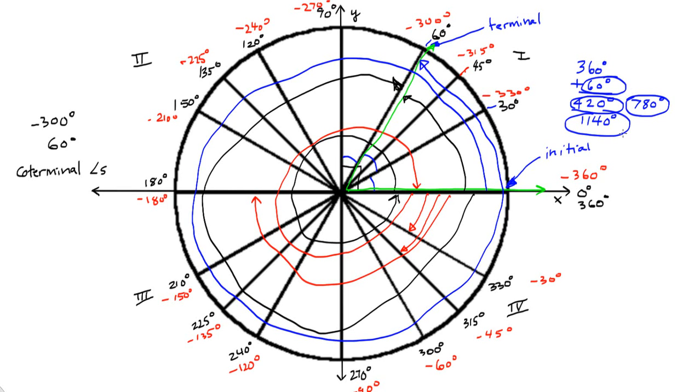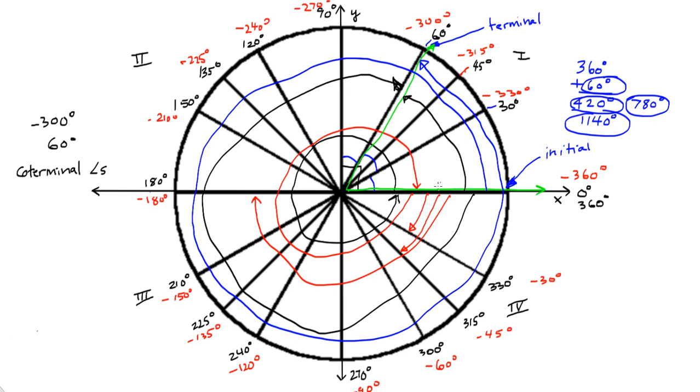So I can find my coterminal angles by adding multiples of 360, but I could also find coterminal angles by subtracting multiples of 360. My diagram's kind of crowded here, but I hope you can see that I could have gone clockwise in the negative direction, one full turn of the circle, and then that negative 300 again. So, to find coterminal angles, let's wrap everything up.